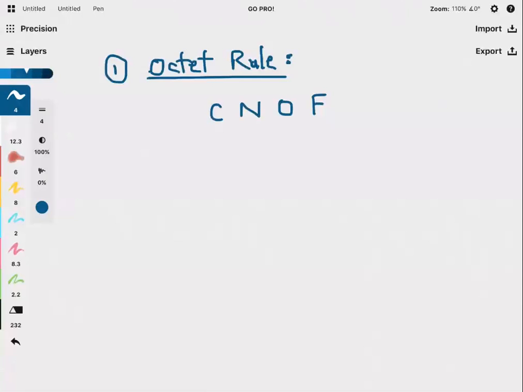The second rule that we should follow is the formal charge of each atom. Now, there's an easy way of calculating formal charge, which we'll see as we draw out our structures, and there's a more systematic equation that we can use. And the systematic equation is this.